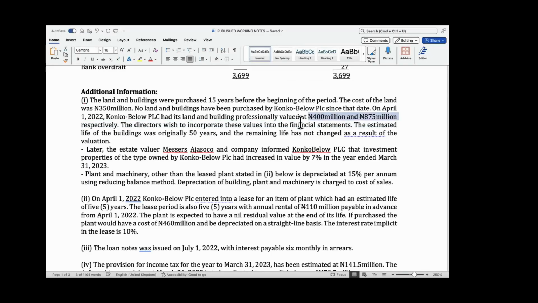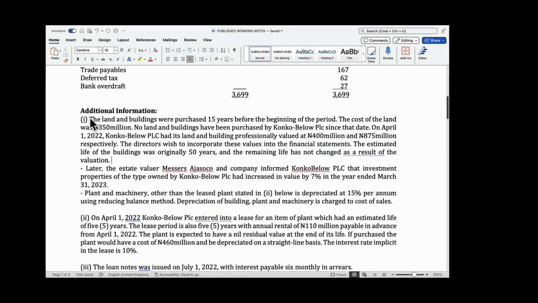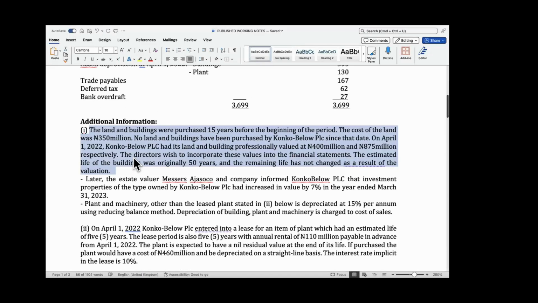That being the case, they said the building originally had 50 years. Considering that we bought it 15 years ago, that means the remaining life that has not changed is now 35 years. So we have 35 years remaining life. What is all this going to be useful for? I can tell you for sure that two things are involved here.